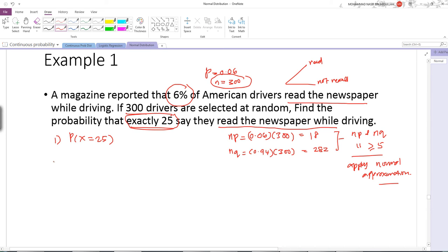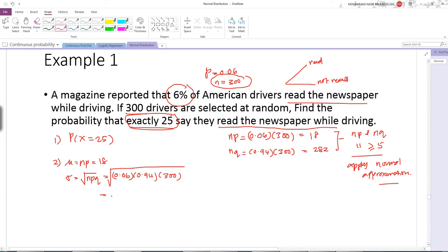And the second part is we need to find the mean, which is equal to np, which is equal to 18. And the standard deviation is equal to the square root of npq, which is the square root of 0.06 multiplied by 0.94 multiplied by 300.